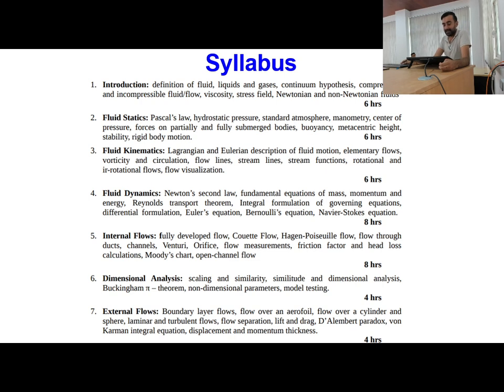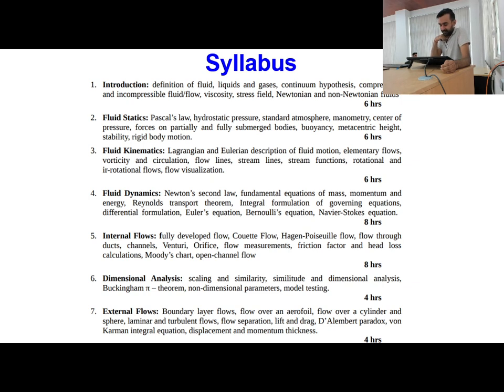Then we have fluid statics, where Pascal's law is one of the important laws which you have studied earlier also, but we will try to see all these concepts now in a deeper sense. Then there are different concepts, for example, the forces acting on fully or partially submerged bodies, and then buoyancy and stability of bodies, etc., which are just on the surface of the water.